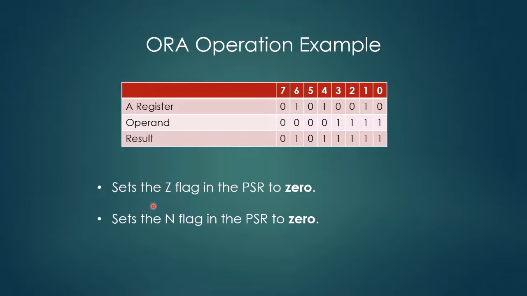And this particular operation would set the Z flag to 0 and the N flag to 0. Z flag to 0 because the result is not 0. There are lots of 1 bits. And the N flag to 0 because the 7th bit is 0.